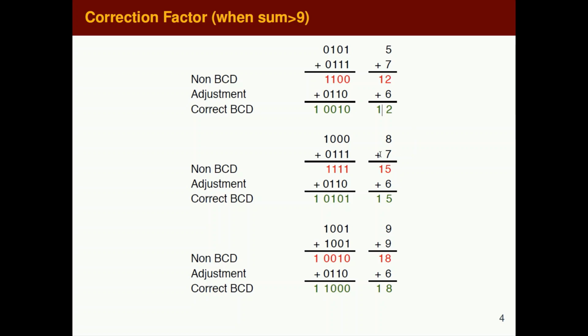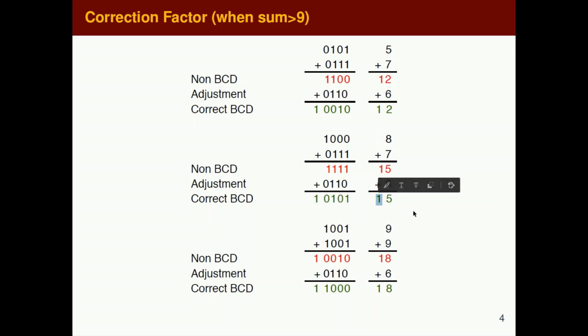The second example, let's say you have 8 plus 7, you get 15. This is a non-BCD, so you have to adjust by adding 6, which is 0110. Your answer will be 10101. When you represent it in BCD, the fourth bit from the left is equal to 5, another one equal to 1.